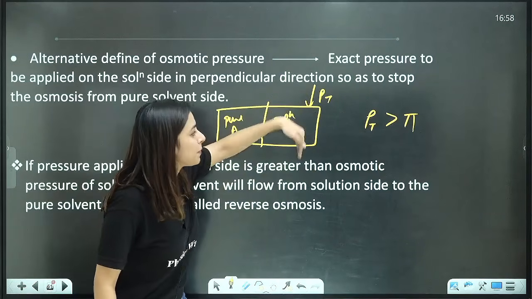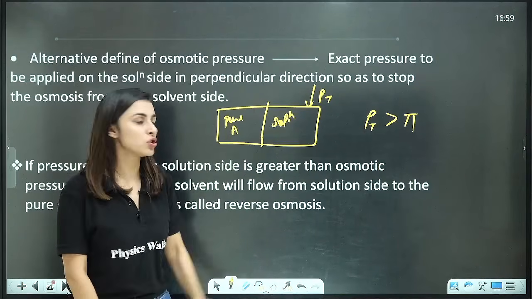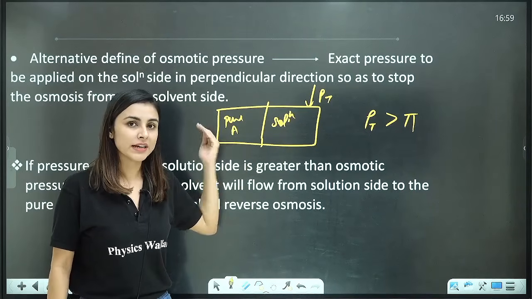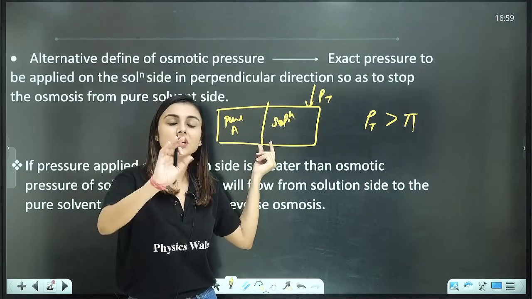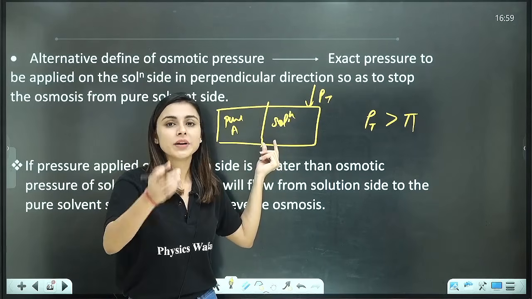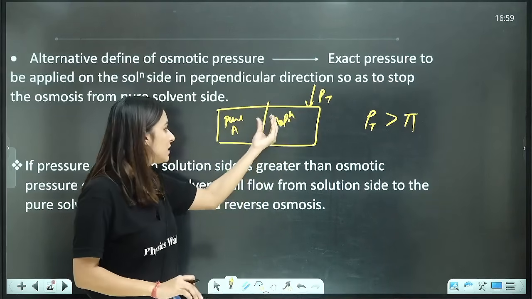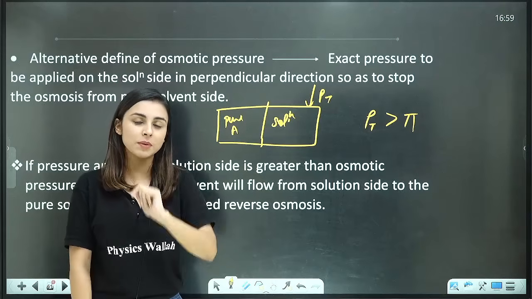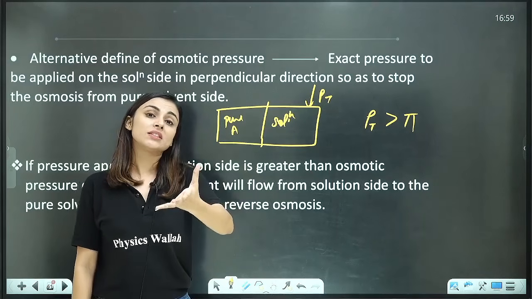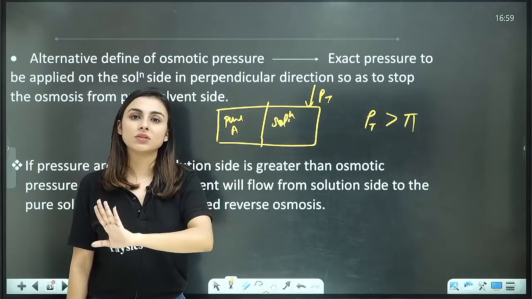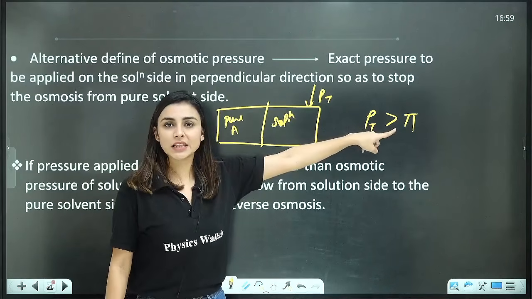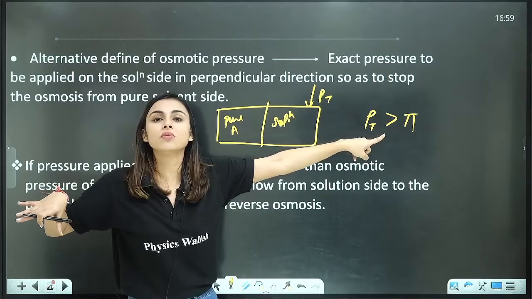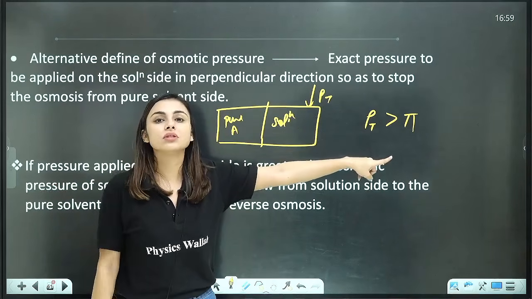Your solution will start moving towards the pure solvent. Since the semi-permeable membrane allows only solvent movement, the solute will not move, and the solvent from the solution side will move. This process is known as reverse osmosis.